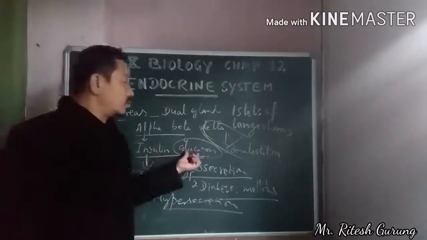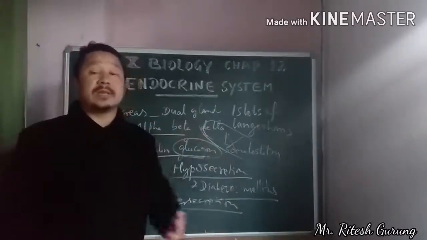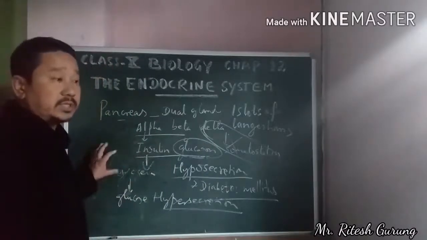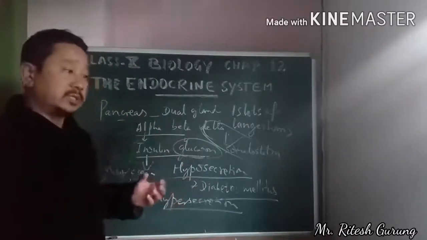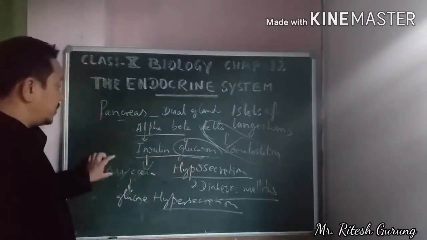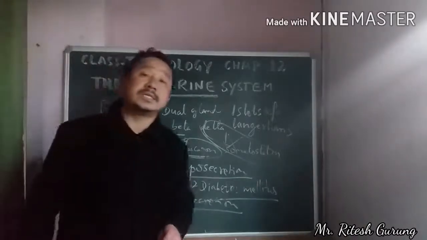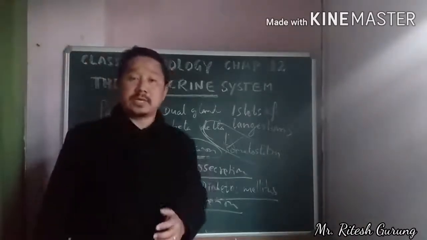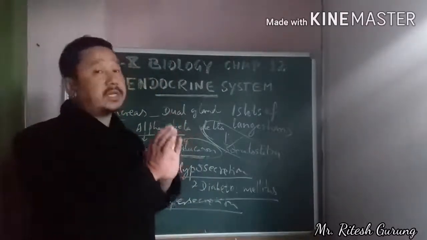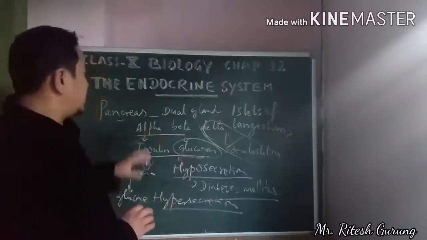That means glucagon promotes the increase of sugar level in the blood by breaking down the glycogen, which is stored in the liver and muscles. It promotes the breaking down of this glycogen into glucose, so that way the sugar level increases in the blood. So that is the function of glucagon. That was all that is given in the syllabus about glucagon. So that's all about the pancreas.